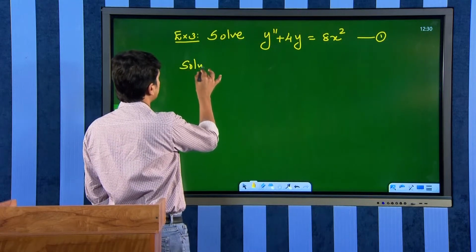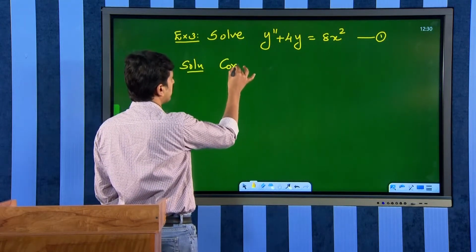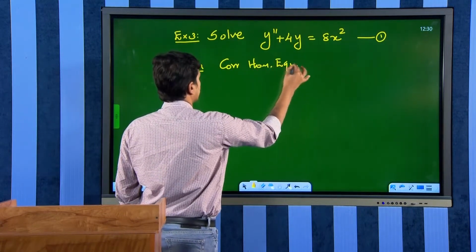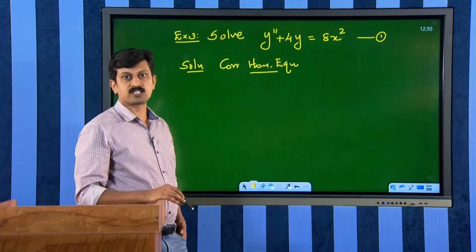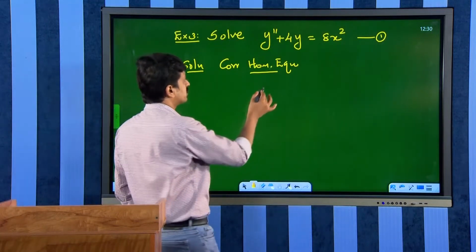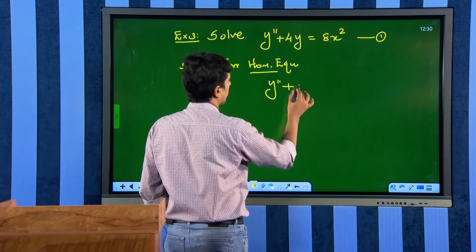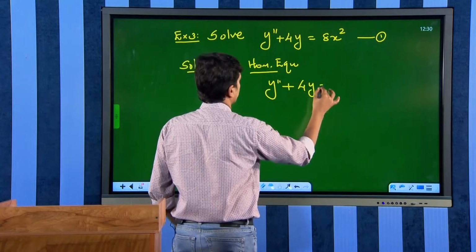As part of the solution, we can write the corresponding homogeneous differential equation, which is y double dash plus 4y is equal to 0.